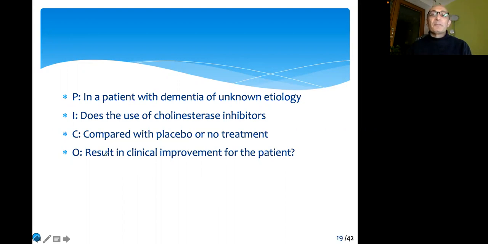If you hear this kind of sentence, imagine this is one sentence without these breaks, then you should easily understand the 4 components. The first component, P, is patients with dementia, or in detail, dementia of unknown etiology, but dementia would be enough.